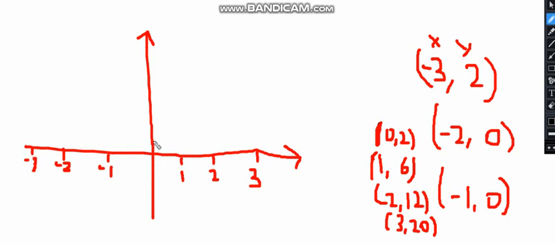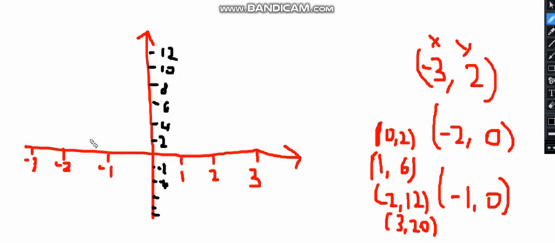Okay, I don't have markings, I might just go like, let's see, maybe like 2, 4, 6, 8, 10, and 12. Okay, and then this would be the same, then -2, -4, -6, -8, -10. I don't need to write them in because we don't actually have any minus y's in this case. Okay, so -3, 2.